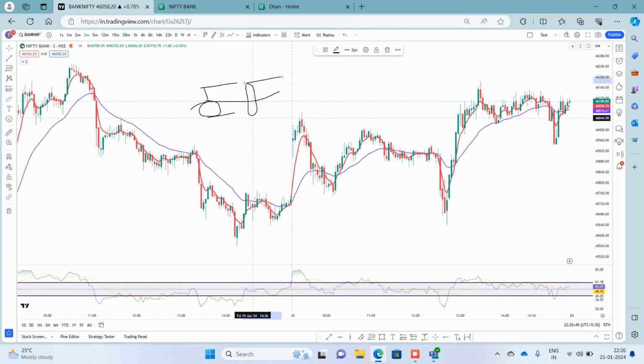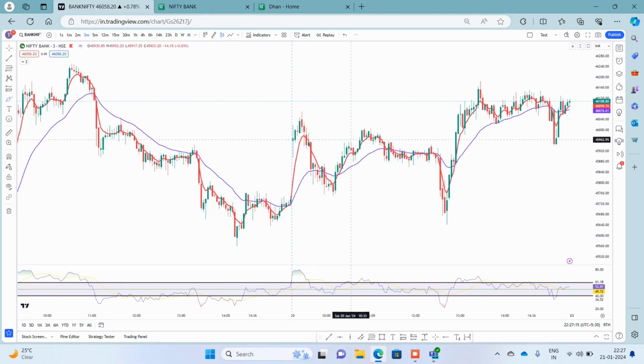This will be your SL, this will be your entry. In the similar way, other candle 70 to 80% of body, small wick upside, small wick downside. This will be your entry, this will be your SL for short trade, and your reward will be 1:1 minimum. You should book 50 to 60% of the quantity once you achieve 1:1, and the rest you should trail.